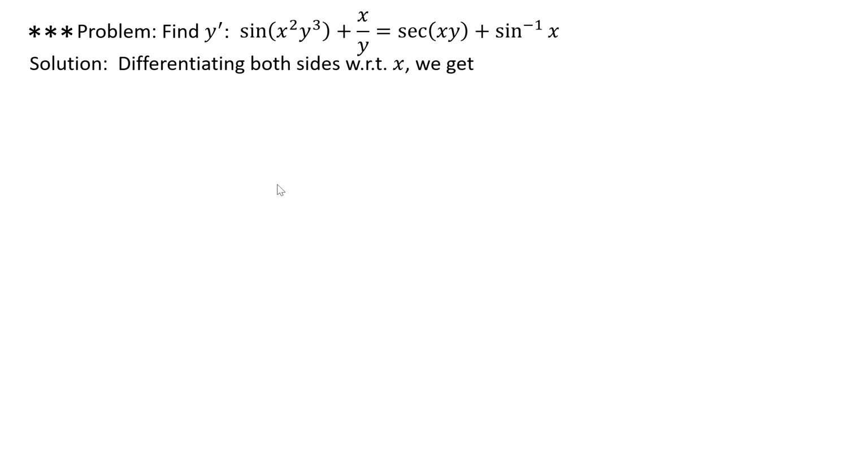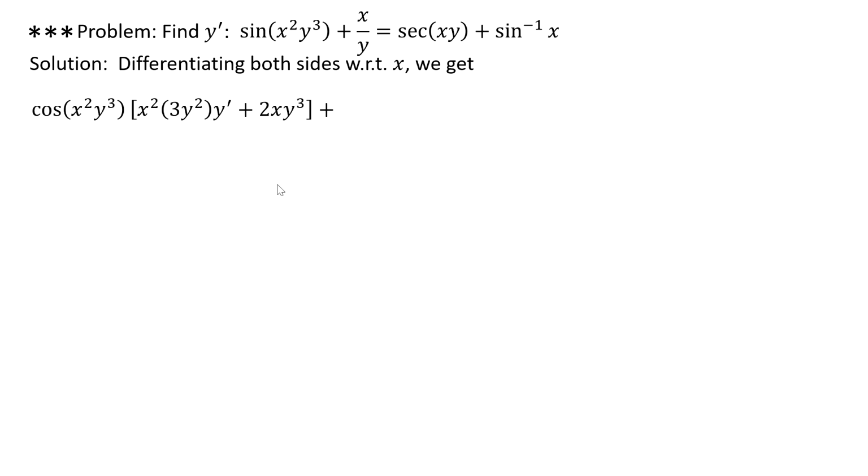Differentiating both sides with respect to x, we get, wow, is that really true? Maybe I went a little too fast. What do you think? Is the derivative of the first term, sine of x squared y cubed, what I wrote?